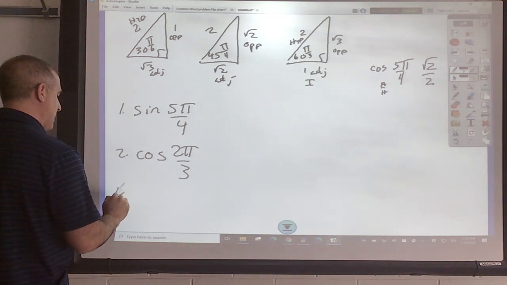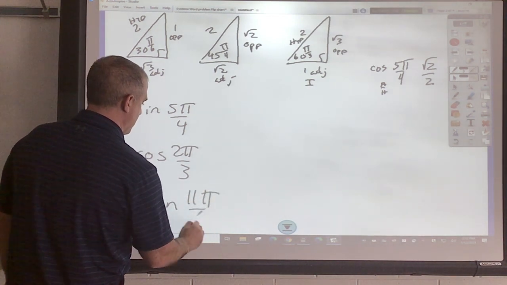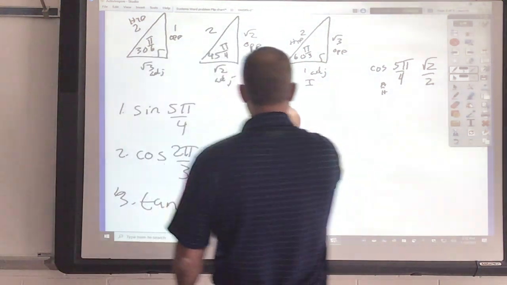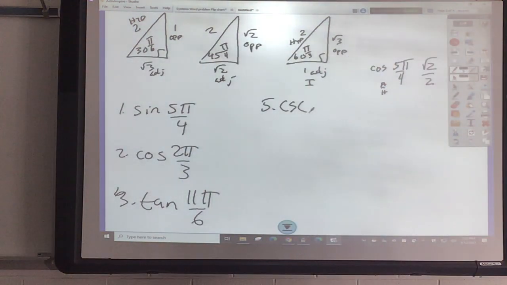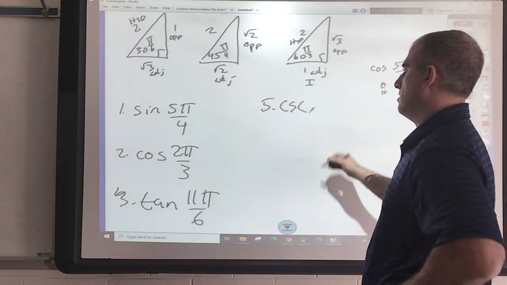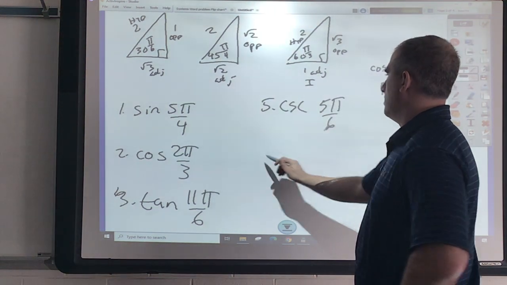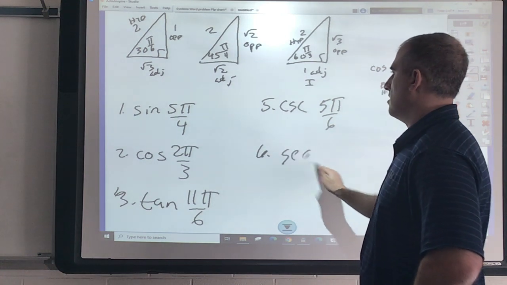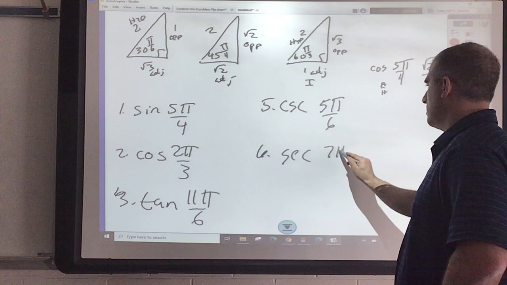Let's say I wanted the tangent of 11 pi over 6. Let's say I wanted the cosecant of 5 pi over 6. Let's say the secant of 7 pi over 4.